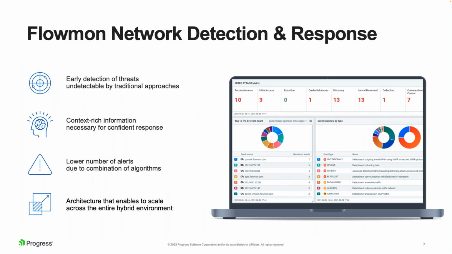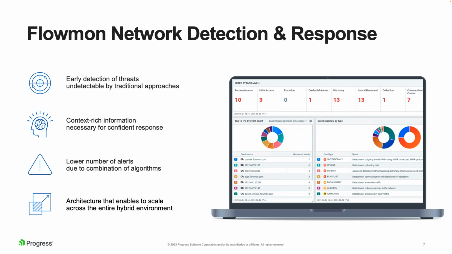Our approach is different, and what sets us apart is that our early detection can be much more precise and help you find those attacks that are undetectable by traditional approaches. We also provide you with context and average information that I will show you momentarily in the live demo, which will immediately help you understand what's going on and respond fast with confidence.